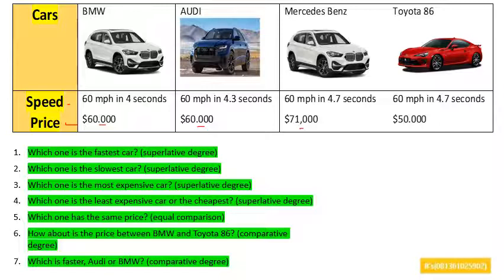Which one is the most expensive car? Superiority degree. Which one is the least expensive car or the cheapest one? Also superiority degree. Which one has the same price, or equal comparison, as expensive as? The same amount of money you will spend if you want to have it.